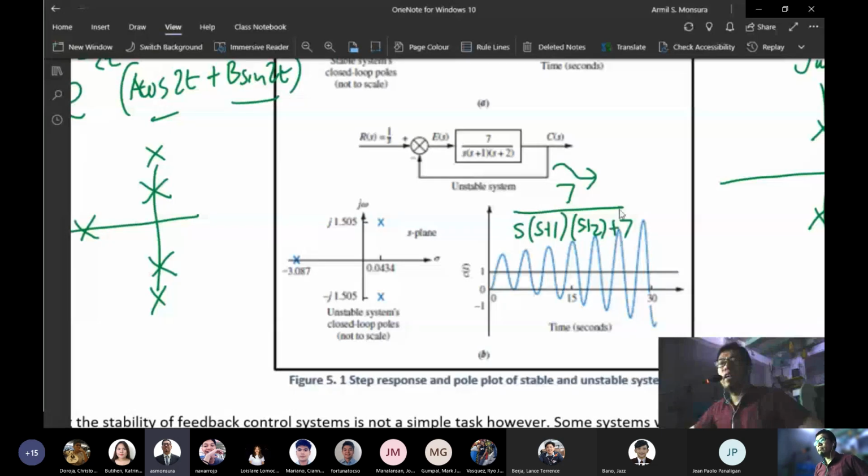Then when we get the poles of that, we will have the poles here and this one. You have two poles in the right half plane. So therefore, the system is unstable. You can verify this when you ramp it, you will see that your signal grows as time progresses. So we will say that this system now is unstable.